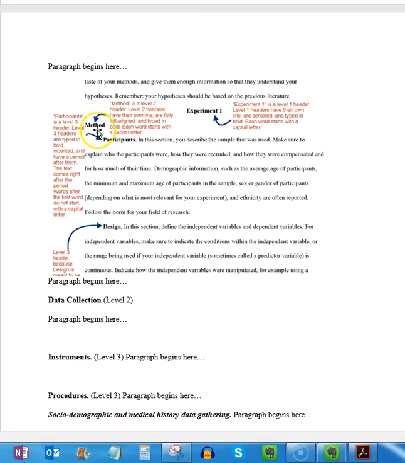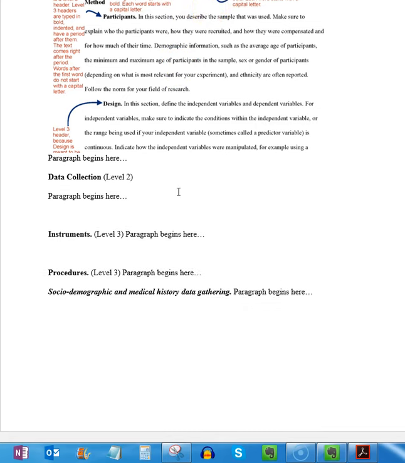And then it goes into the method, which is a level 2 because it is a subheading related to this level 1 heading. And then it goes right into a level 3, which you'll notice is capitalized and bold and in the paragraph. And here again is a level 3 heading because design is a subcategory of methods, which is a subcategory of experiment.